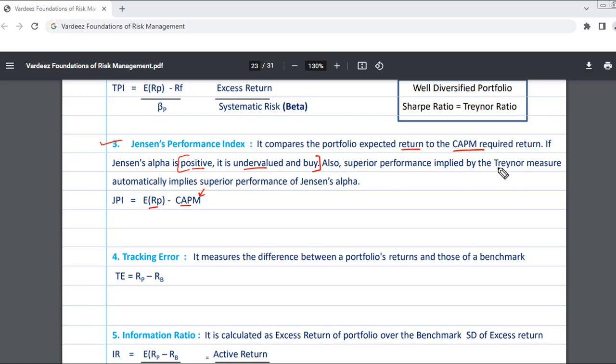Also, if the Treynor measure is superior, then this automatically implies that Jensen's alpha will also be superior. So if you calculate the Treynor performance index and it comes higher, then of course Jensen's performance index will also come higher. And one very important thing is that for the Sharpe, the Jensen's, and the Treynor, the higher the better. This is good to remember for exam day.